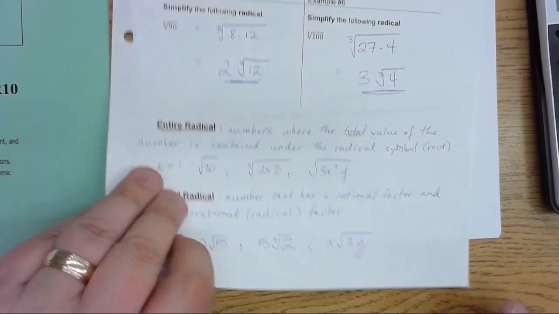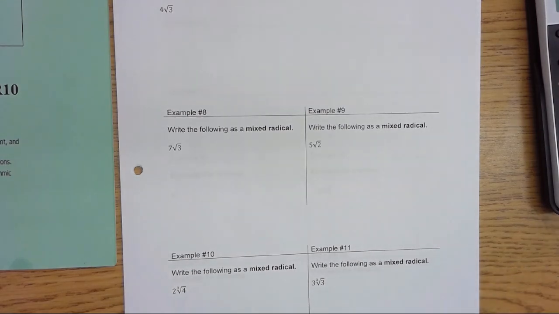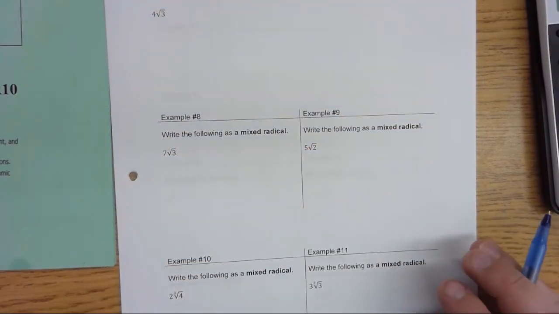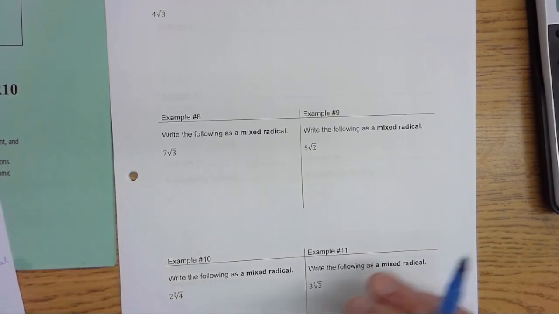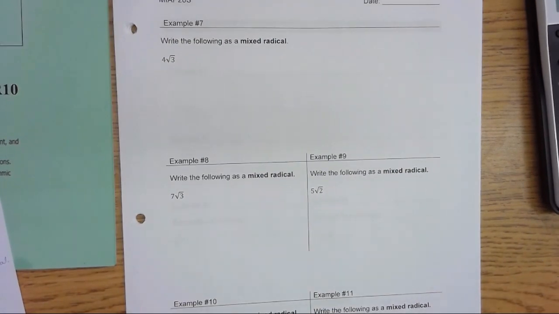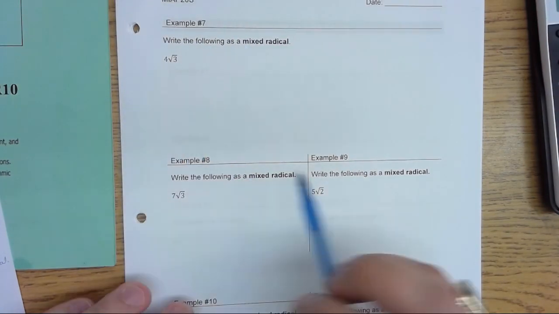So moving on to example 7. Let me get my papers organized here. Sorry, that was example 7; I'm on example 4. A little bit of typo happened here. We're going to have to do some fixing. It says write the following as a mixed radical. Well, that is a mixed radical, so let's fix that.